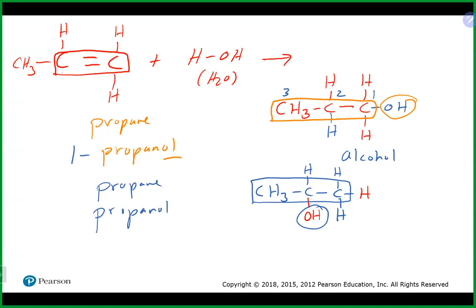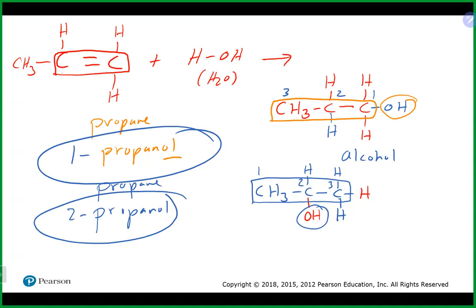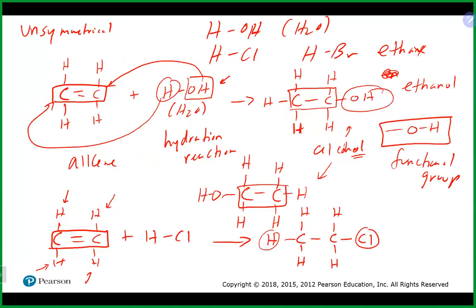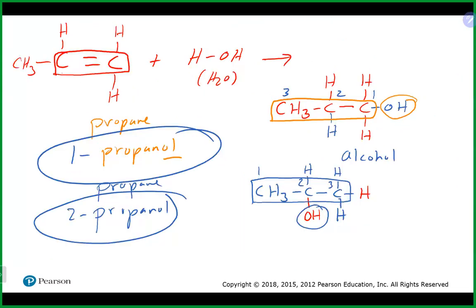OH group is located at which carbon? 1, 2, and 3. This is what is known as 2-propanol. So in this case, our addition reaction here gave us 2 different alcohols. So it does matter where you put the H and the OH, as opposed to what we did here, where it did not matter. You got the same alcohol regardless of where you put that OH.